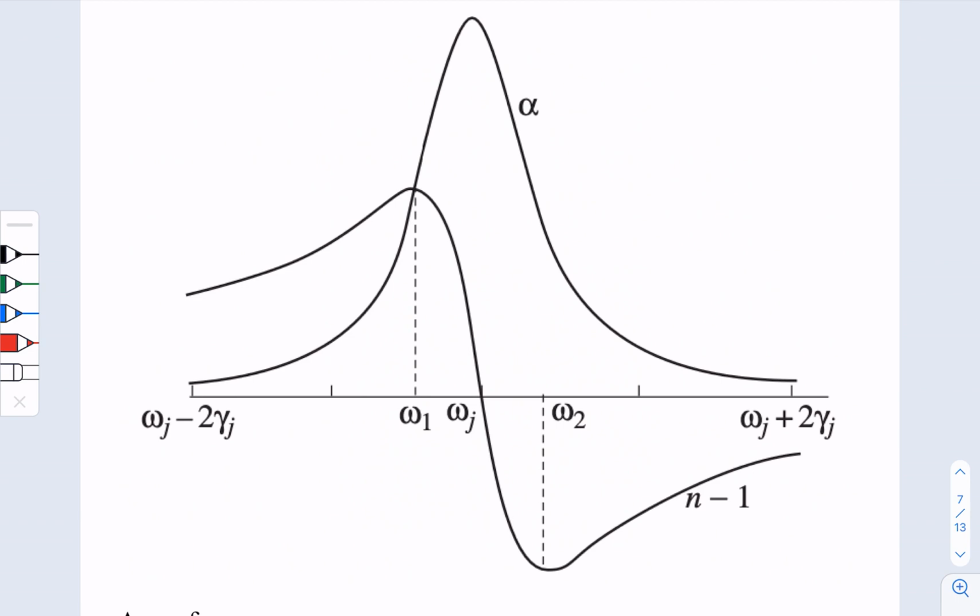This is n as a function of the frequency, right? If we shoot some light into the matter, if it's at a resonance position, then most of the light will be absorbed by the material, and it will do some spontaneous emission.